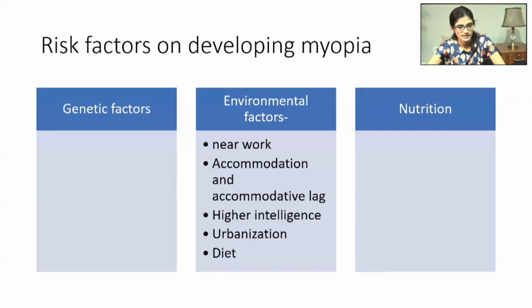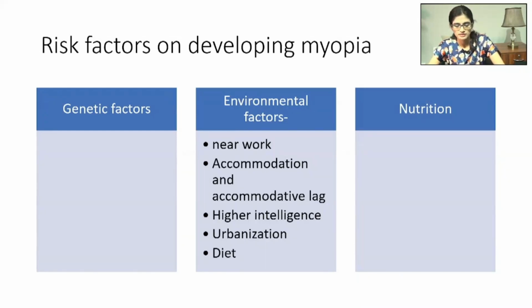What are the environmental factors? Near work, of course, has been associated with development of myopia. Especially this adult onset myopia: during their childhood they have completely normal sight, but when they're in their early 20s, doing higher studies and more hours reading, some patients tend to develop myopia, the simple type. So there is a clear association. Also, near work during the first 2 years, especially in a genetically susceptible individual, can lead to maybe progressive myopia as well.